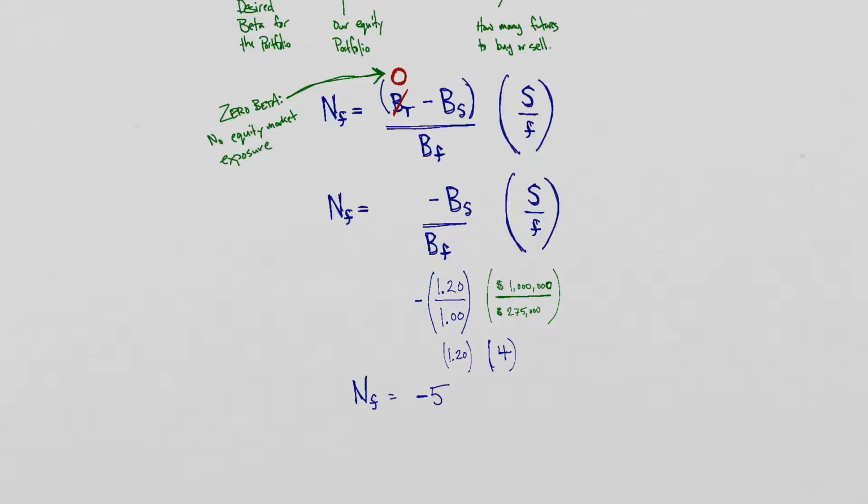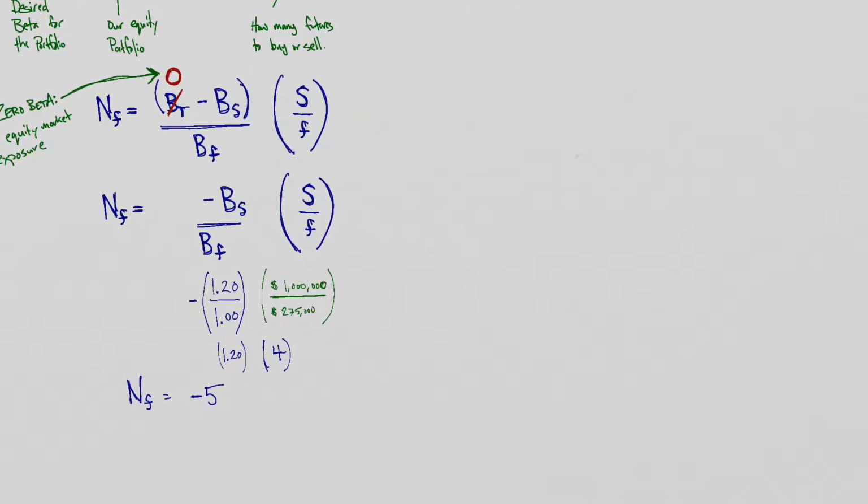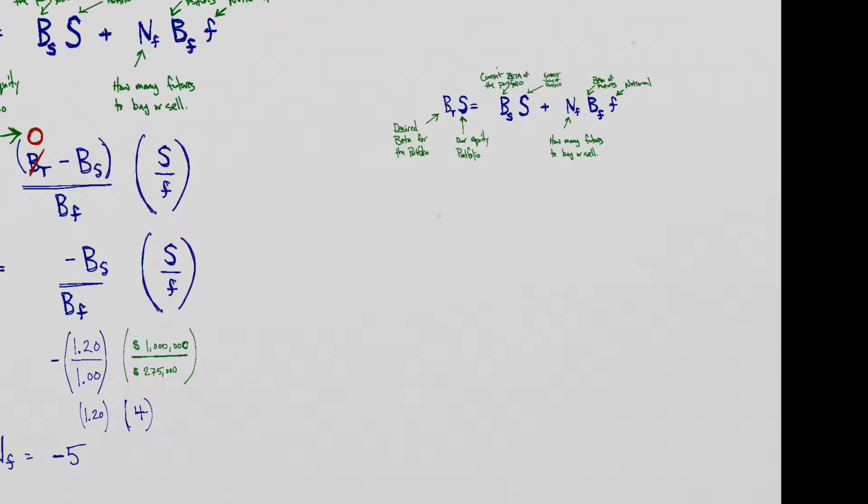But the net result of this is, if I've got this relationship where I want the target beta of this portfolio to be 0, I don't want it to move at all with respect to the equity market, then my portfolio beta is 1.2, and this is $1 million. This is your equity investment component. This is what's going on with your equity.